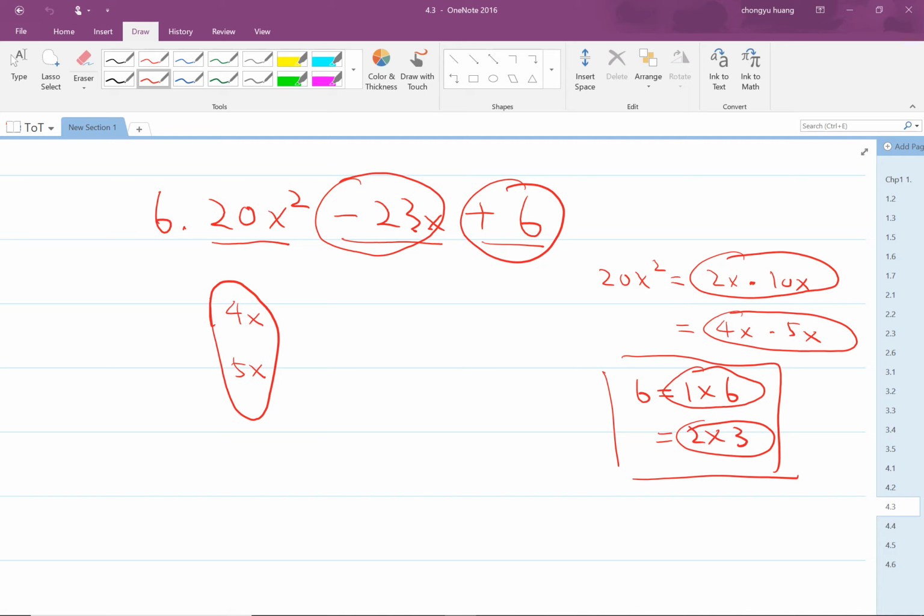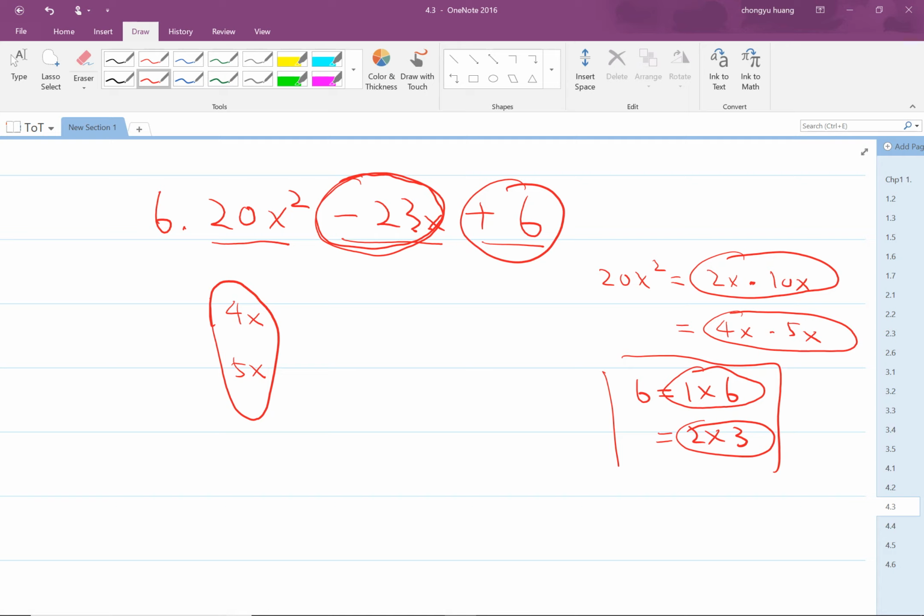So over here, if you can actually see the question all the way through, okay? Actually over here, let me give you some idea. The thing over here is that you see there's a negative 23. It is negative.